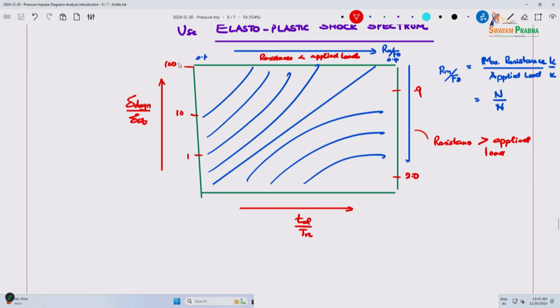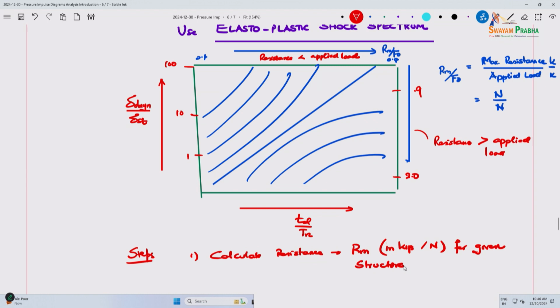So, the steps in this case would be to calculate the resistance. We'll look at how to calculate the resistance Rm in kips or newtons for the given structure.